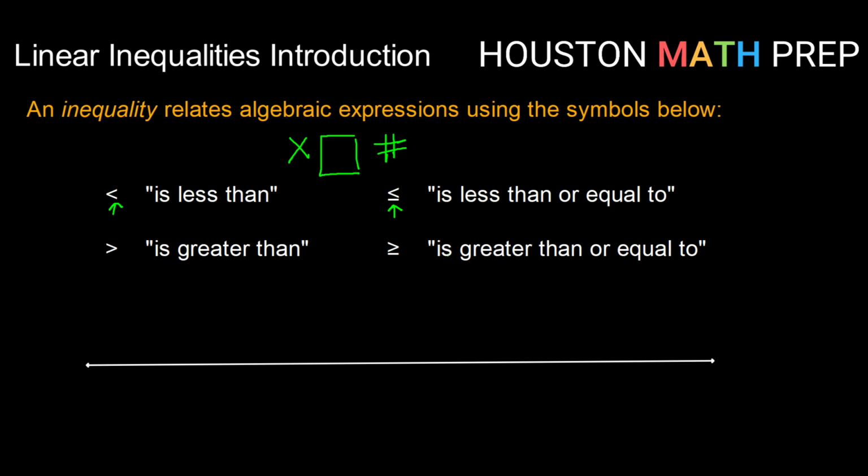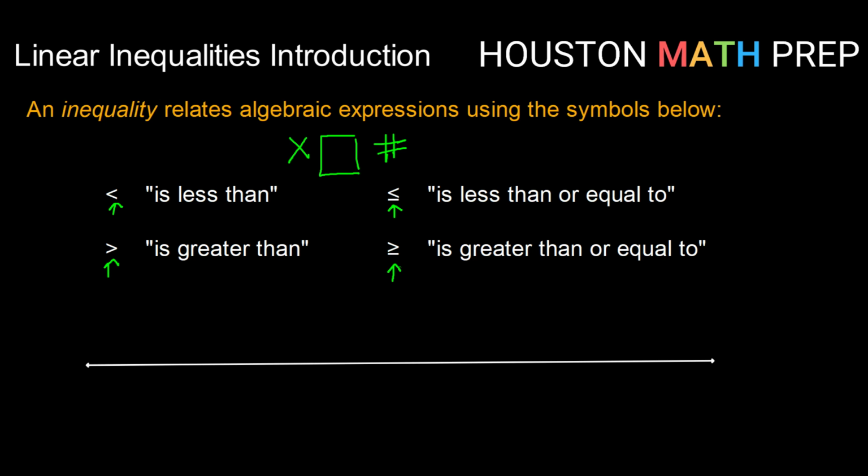If the opposite is true, if x is the larger quantity, so if x is all values larger than this number, we can say x is greater than this number. And if x is all numbers larger than that value, including that value itself, then we would say x is greater than or equal to.